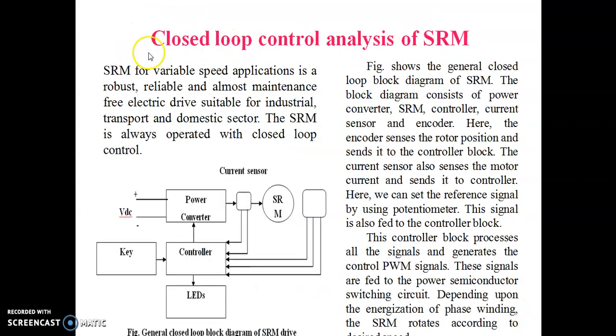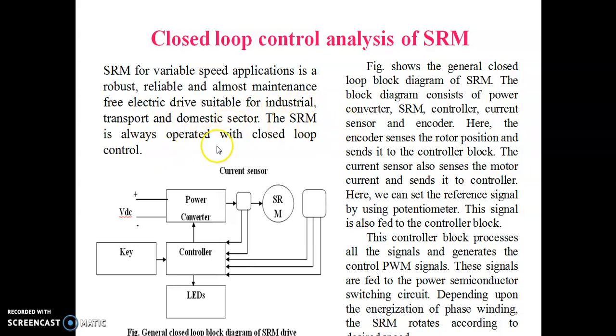Next, let us look into the third topic of today's presentation, that is the closed loop control analysis of SRM. Now this is the circuit diagram of closed loop control analysis of SRM. The SRM for variable speed applications is a robust, reliable and almost maintenance-free electrical drive which is suitable for industrial, transport and domestic sector.